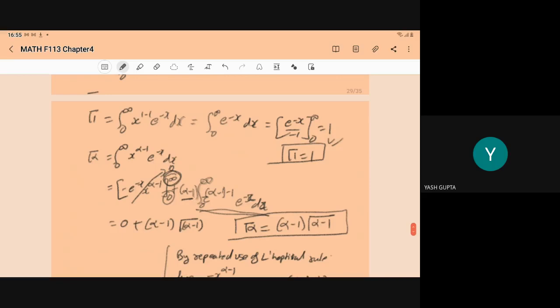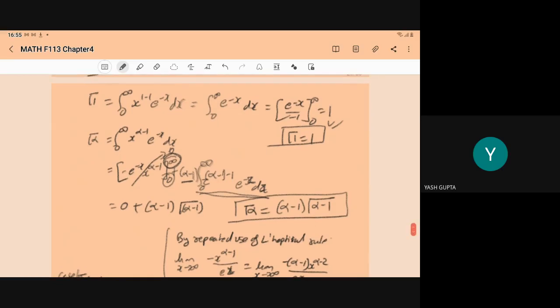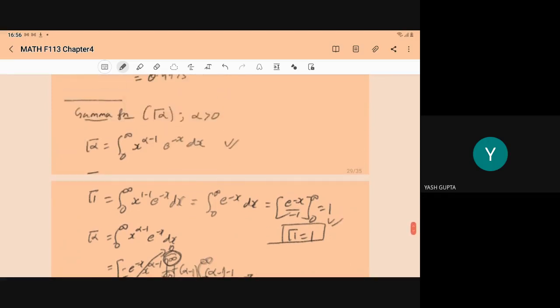Here if we put alpha equal to 1, we get gamma of 1 minus 1, that is gamma of 0, which is not defined. What I have told you is that at the time of the definition I wrote alpha greater than 0; it cannot be equal to 0. In the definition only I have written alpha greater than 0, positive.